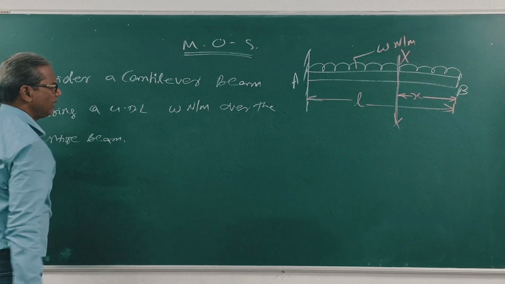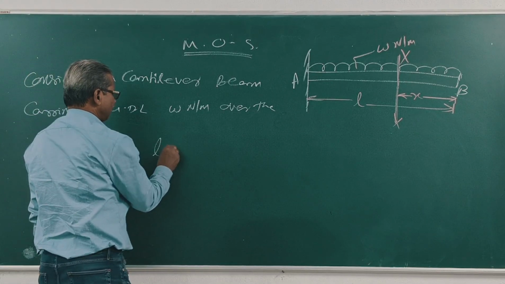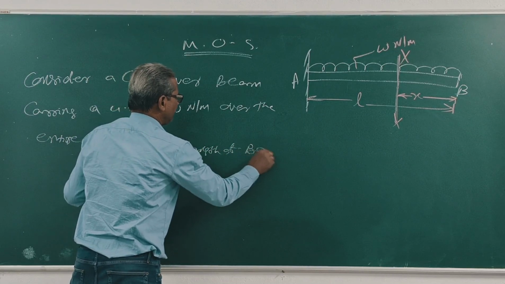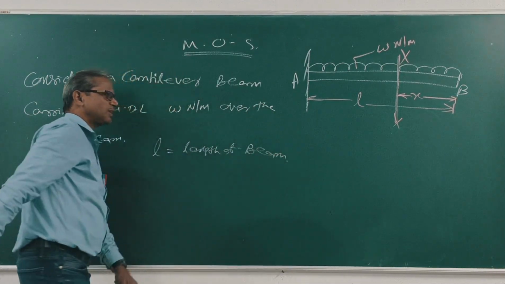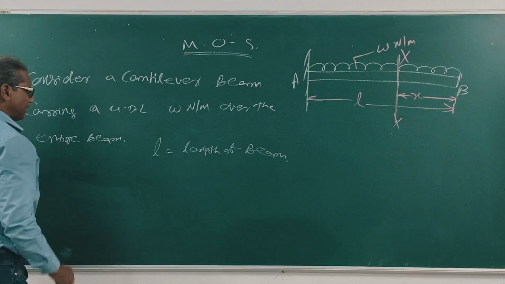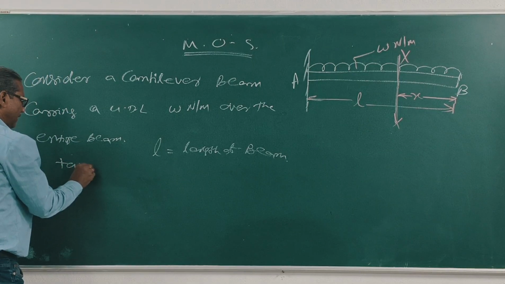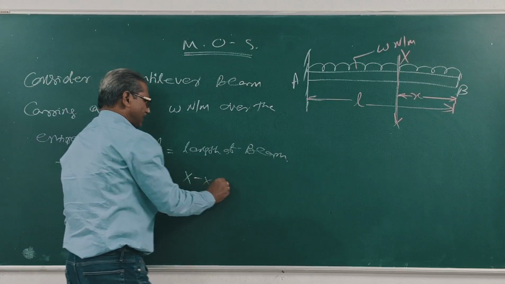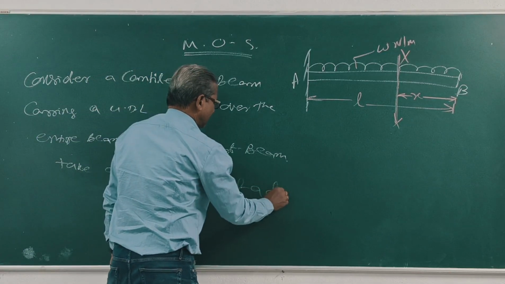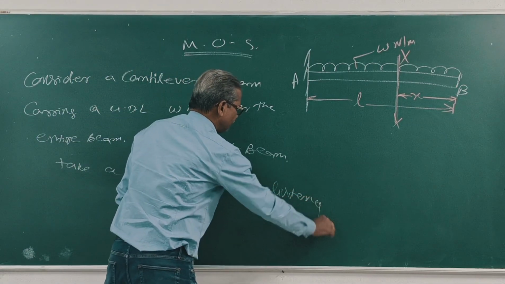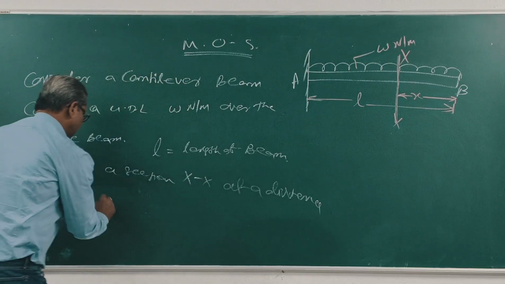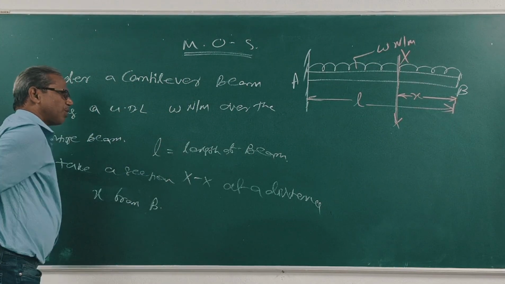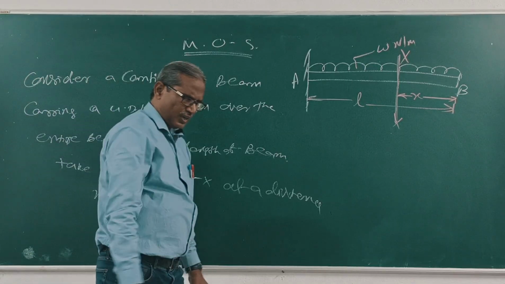Clear? Let L be the length of the beam. Take a section XX at a distance small x from B. Clear?